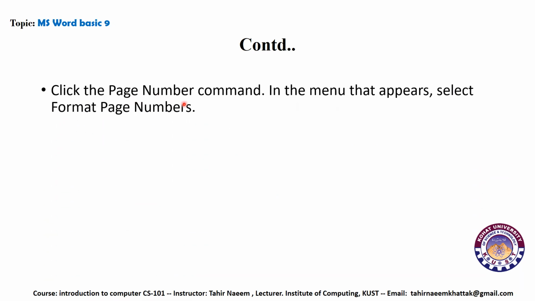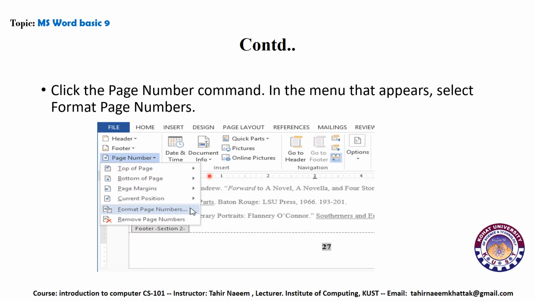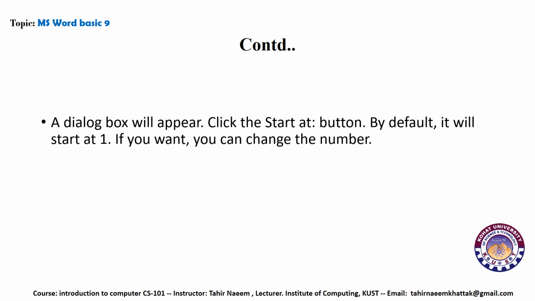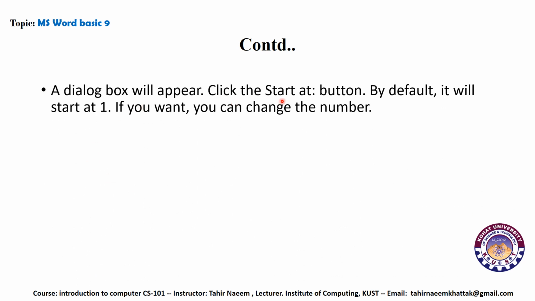Click the page number command and the menu appears. When we click on the page number command, the Format Page Numbers option appears, as we were discussing. We will click on Format Page Numbers. A dialog box will appear. Click Start At. By default it will start at 1. If you want to, you can change the number. Click OK.